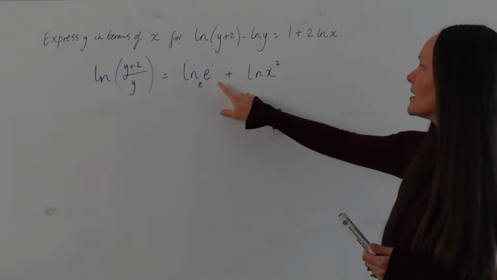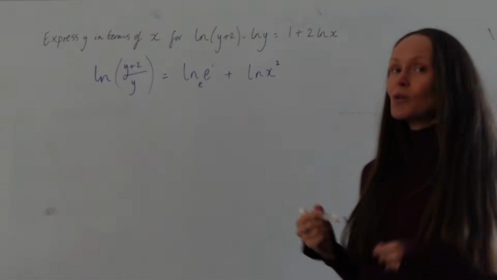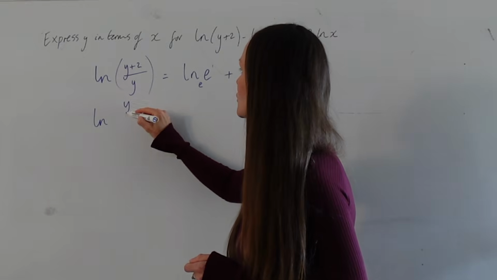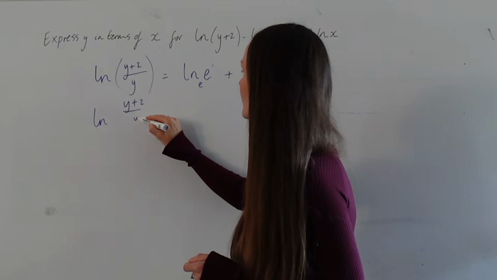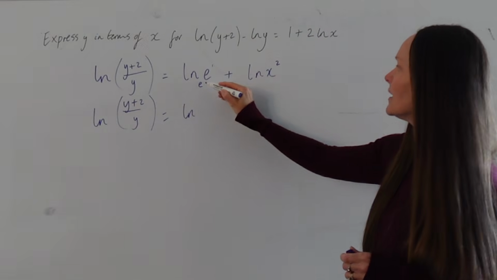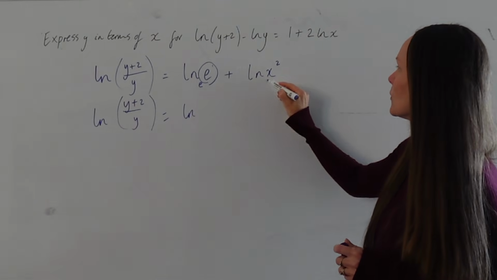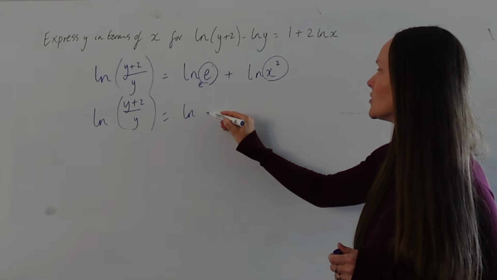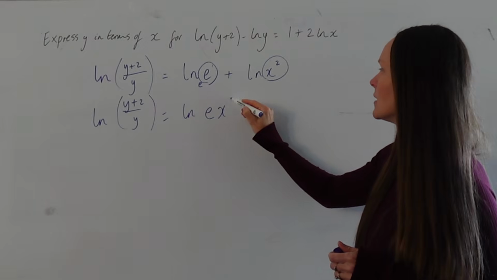Because I'm adding the natural logs together, I can use the multiplication law on the right-hand side now. So if we use the multiplication law, we write down ln and we multiply the argument here with the argument over here. So e multiplied by x squared is just ex squared.